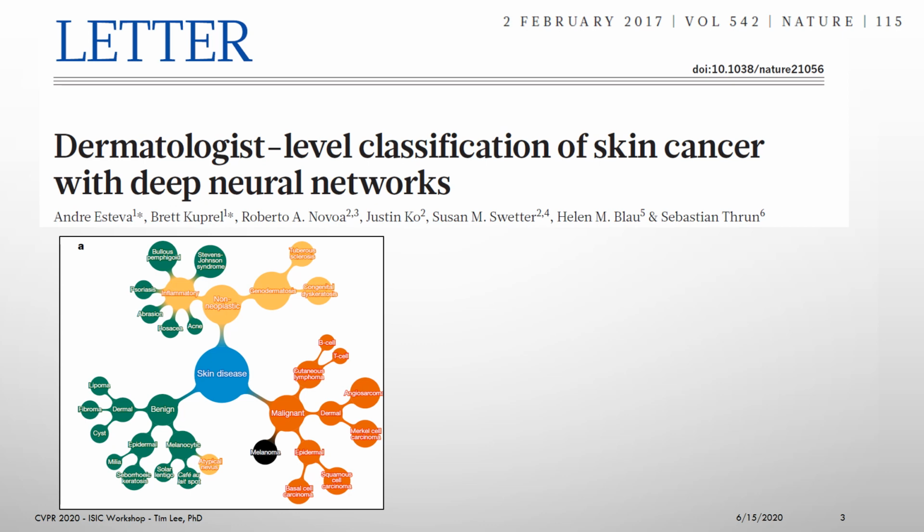The structure consists of 3 top-level disease classes, such as non-neoplastic, malignant, and benign. The second level of malignant classes consists of cutaneous lymphoma, dermal, epidermal, and melanoma, while the second level of benign consists of melanocytic, epidermal, and dermal, etc.